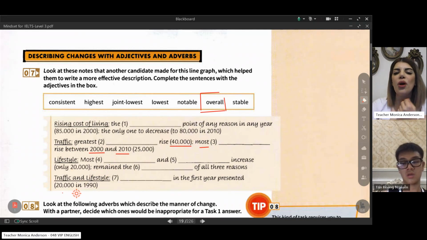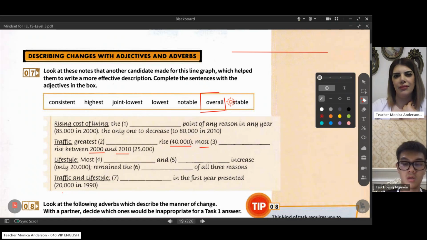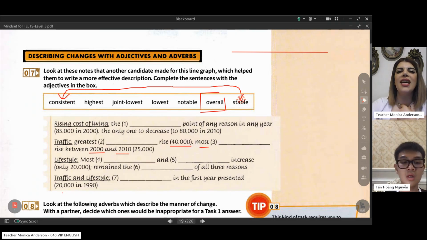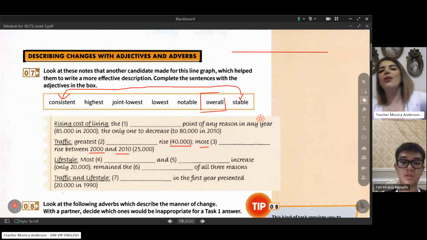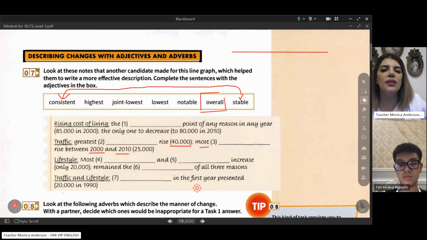And lifestyle, as you know, there is no big change. Stable, very good, stable. And let me find a synonym. When you say stable, it means consistent, without any change, continuing in the same way. So most consistent and stable.